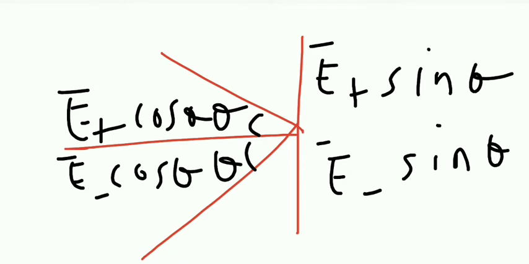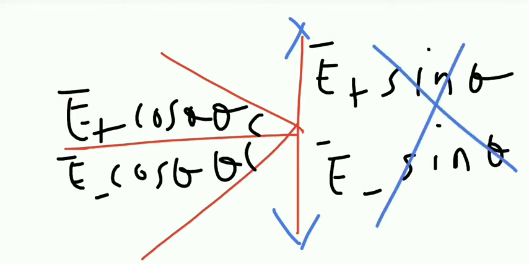But this vector goes this side, and this vector goes this side. Both are going in opposite directions, so they will cancel each other. So the only factors contributing are E plus cos theta and E minus cos theta.